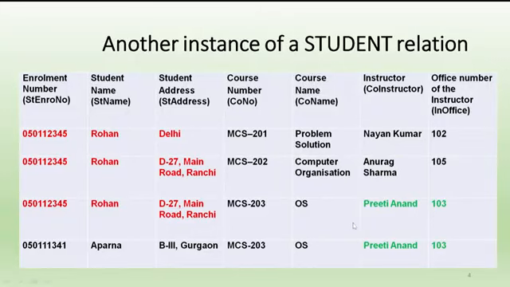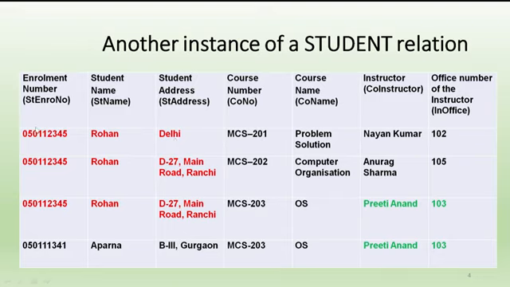So what are we going to do with that bad design? But before we go to that, let us learn about one more anomaly, which is called the deletion anomaly. Suppose Rohan drops the course MCS 201.